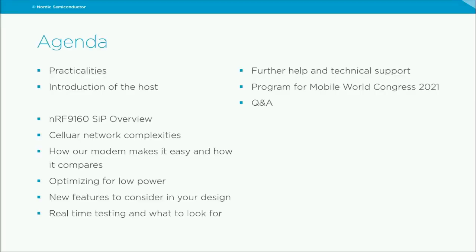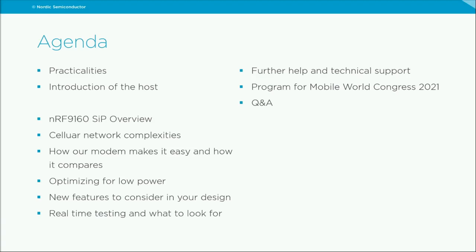So the agenda for today is some practicalities at the beginning, introduction of the host, and then nRF9160 System in Package overview, going to go through the revision 2 updates. And then a little bit about cellular network complexities, how our modem makes it easy, and how it compares to some other solutions.